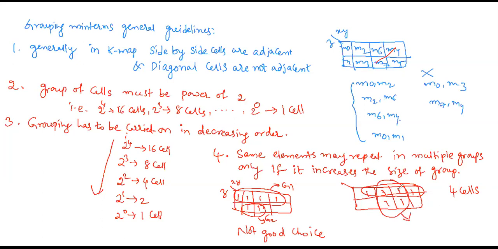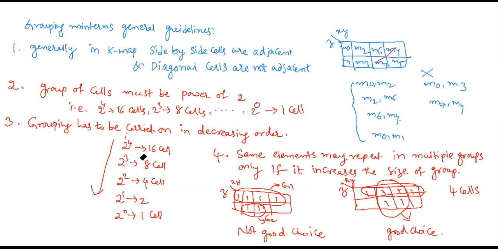These two minterms may repeat in another group if it increases the size of the group. This is a good choice. The same elements may repeat in multiple groups if it increases the group size. So this is a good choice compared to this one.